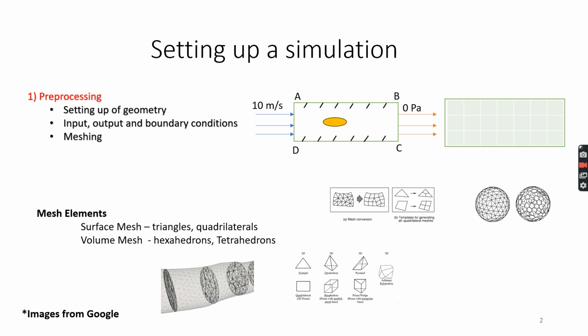Now, the volume mesh involves a hexahedron, a tetrahedron, or a pyramid or prism. As you can see, a classical example over here from Google, which is a surface mesh on the outside and volume mesh on the inside, which is well knitted or well patched.